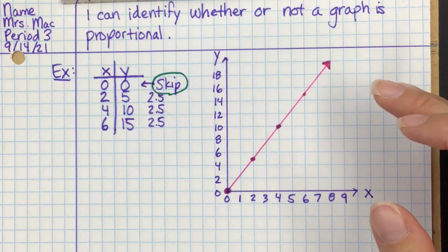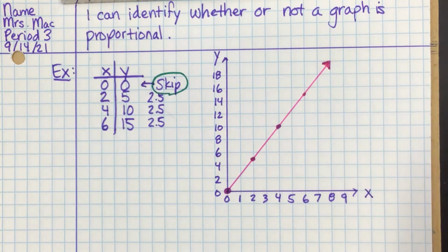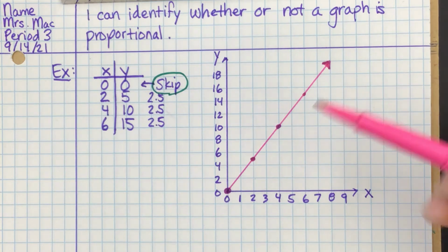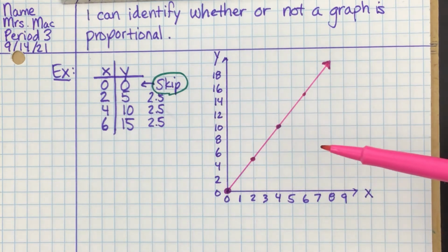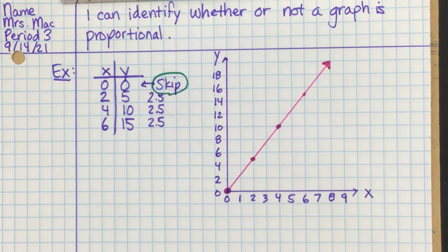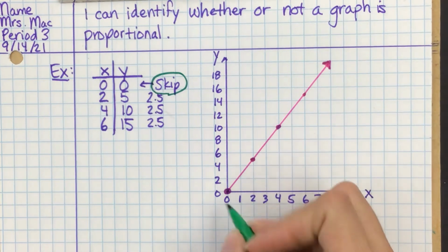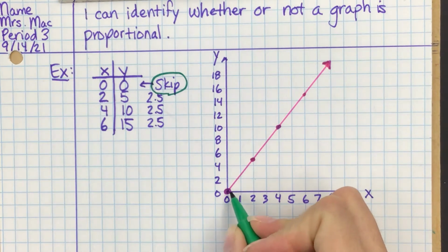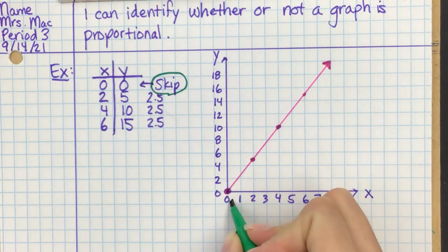Now that we have this graph done, let's talk about the characteristics of a proportional relationship graph. Because we've already proven that this is proportional, so looking at the graph, there's a couple things I want to point out. The first thing is that this graph crosses here at the point 0, 0.